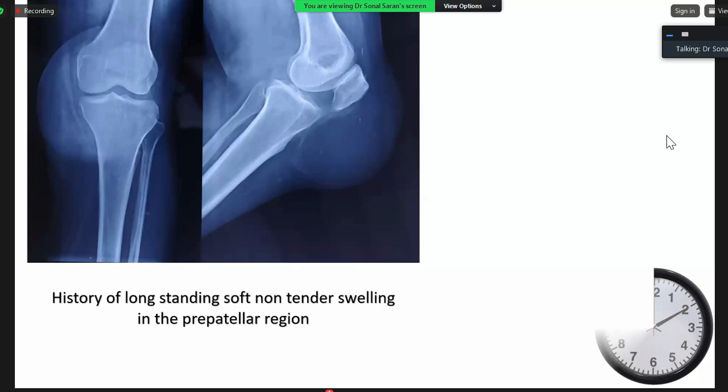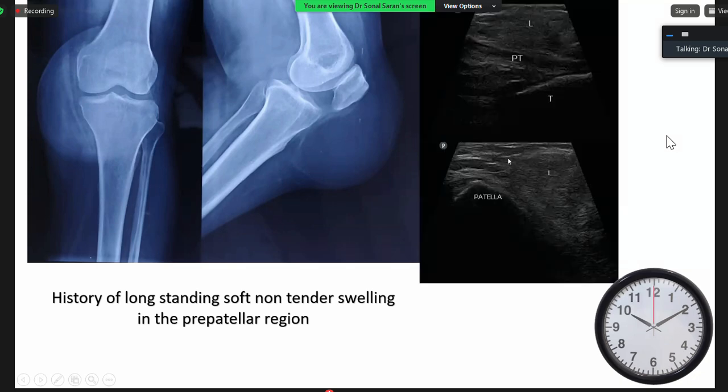Okay, so the density is quite similar to the subcutaneous fat over here. You can see this is muscle and some amount of suprapatellar joint fluid may be there, and tendon, whereas this is subcutaneous fat, and this lesion has opacity just similar to the subcutaneous fat. So this is a case of lipoma.